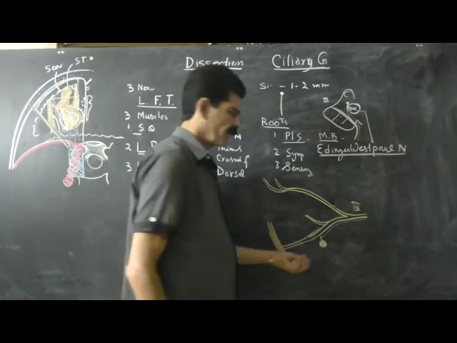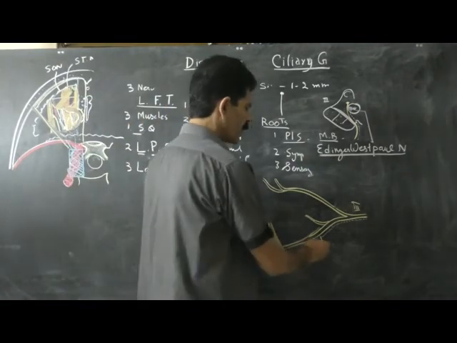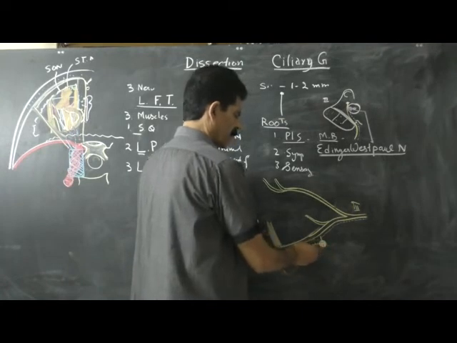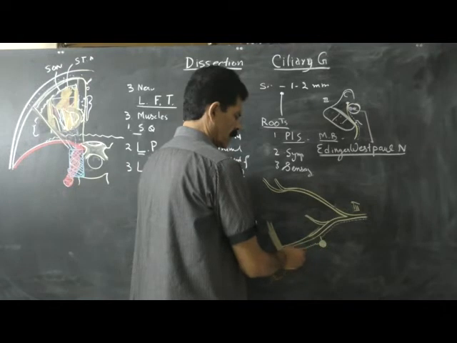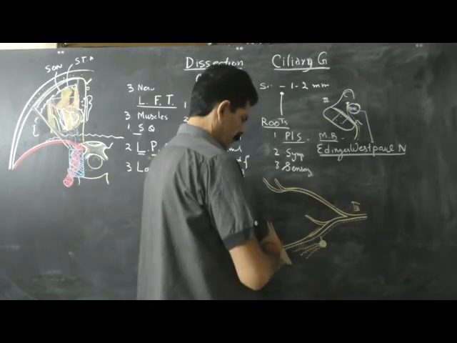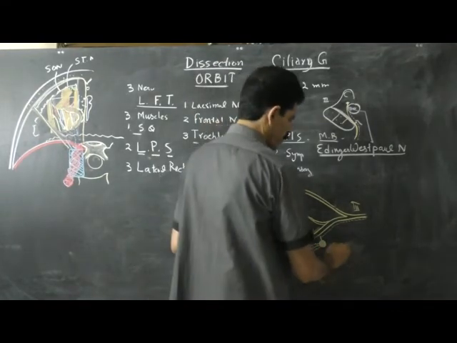After the relay, the postganglionic fibers come out as the short ciliary nerves. They are called short ciliary nerves.